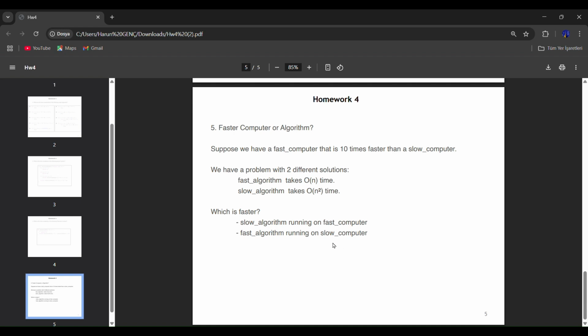Finally, the fast algorithm on the slow computer grows much slower than n squared. For very small values of n the slow algorithm on the fast computer might be competitive, but the fast algorithm always wins.